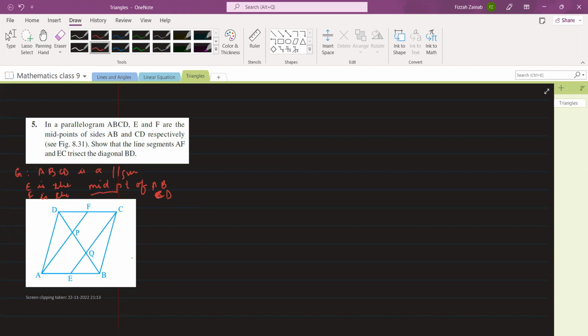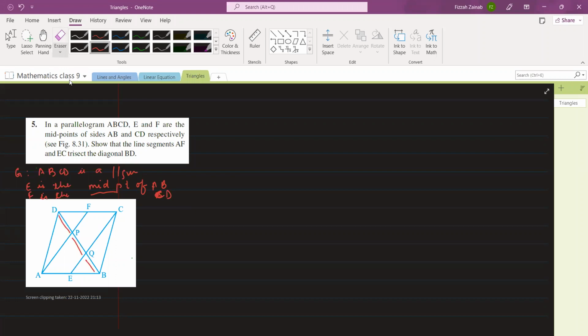Okay. So show that the line segments AF and EC trisect the diagonal BD. Trisect means it is dividing it into three equal parts. So you have to show that this part is equal to this part is equal to this part, right? It's a good question.